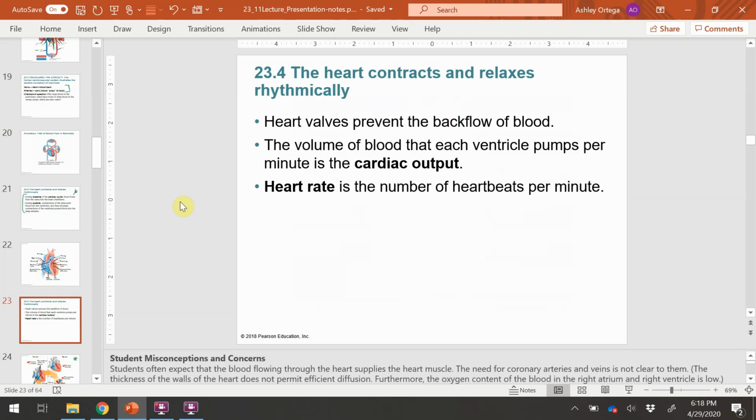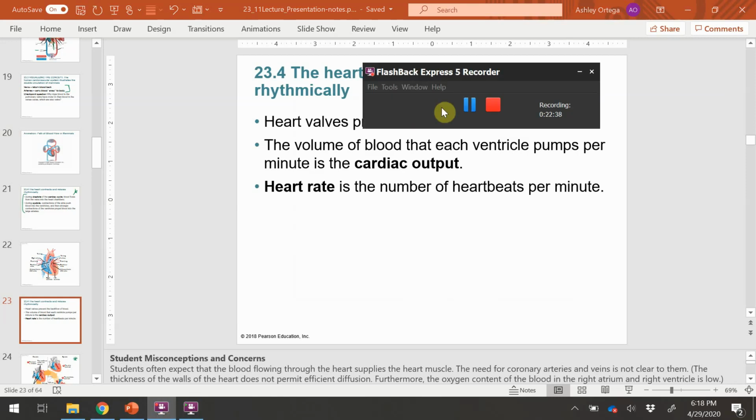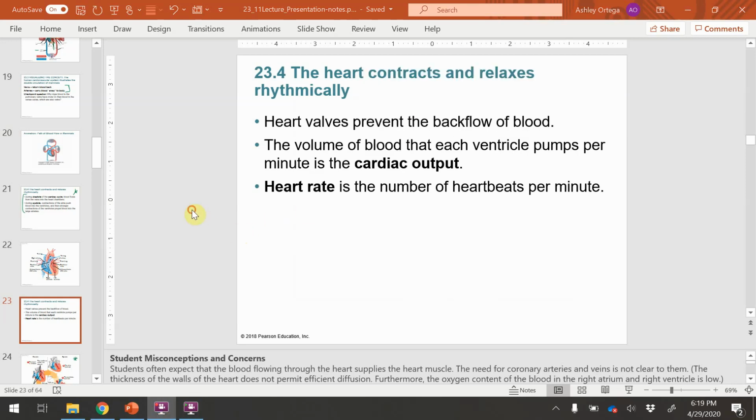So the heart valves that you see in that image help prevent backflow of blood, which makes the heart more efficient at pumping and spreading that blood throughout the body and the lungs. The volume of blood that each ventricle pumps per minute is called the cardiac output. And heart rate is the number of heartbeats per minute.